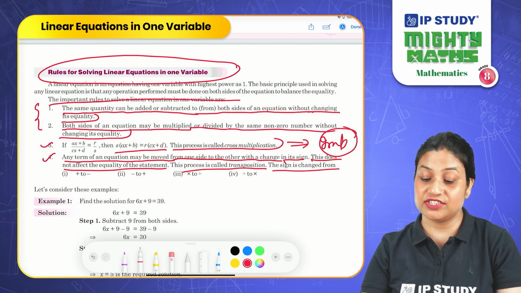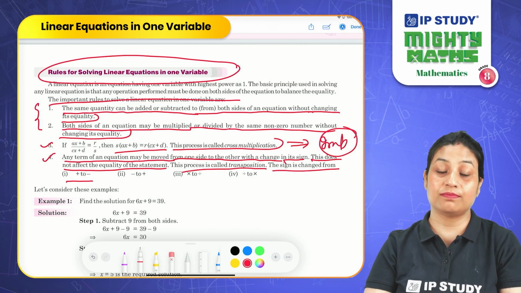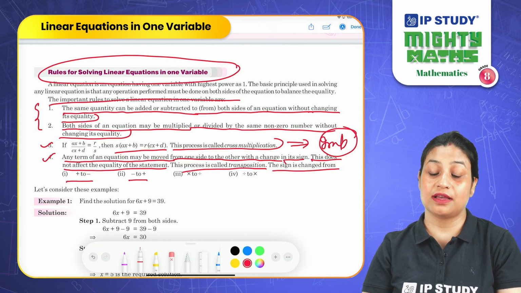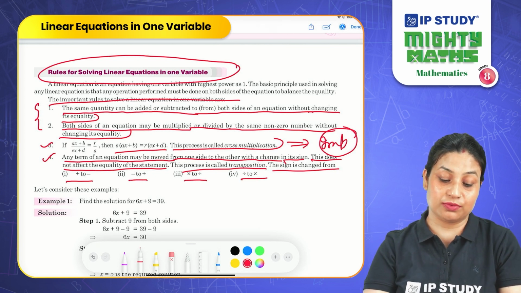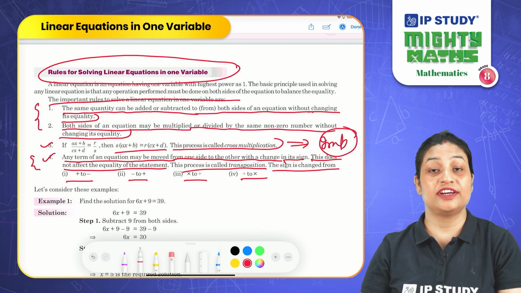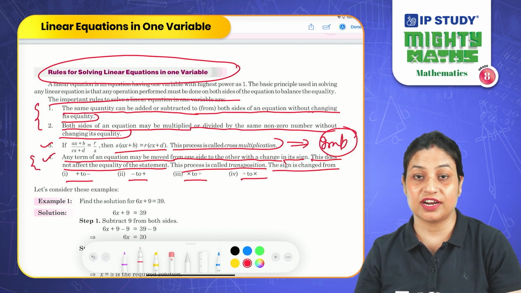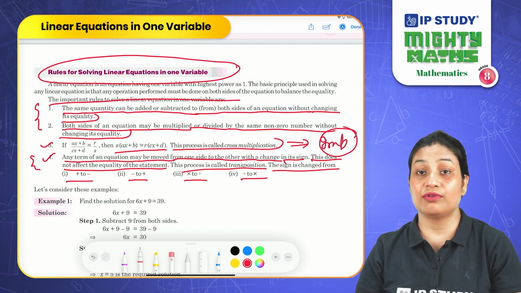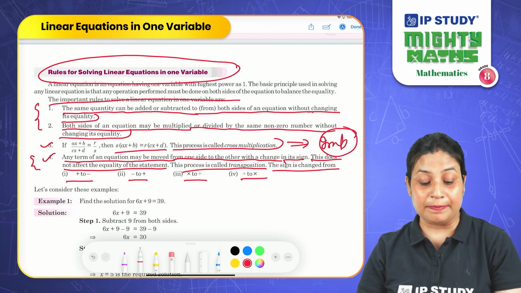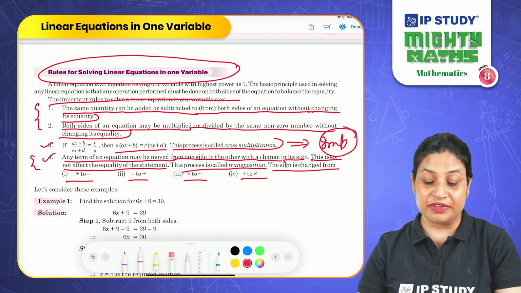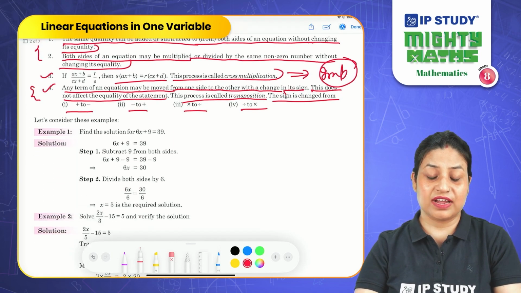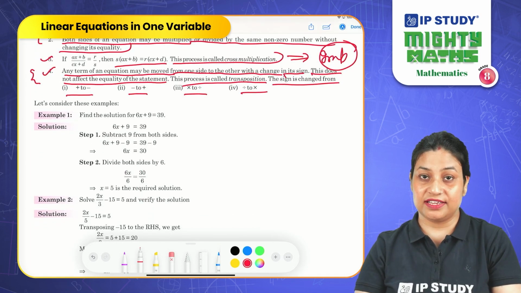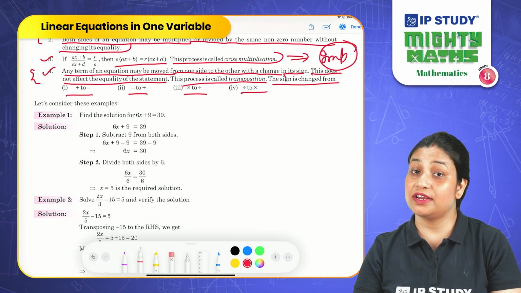The sign is changed from plus to minus, minus to plus, multiply to divide, or divide to multiply. This is something that we have already discussed in grade 7. So there are 3 things out of these 4 rules that we have already discussed in our previous grade, right? We need to apply these rules in order to solve linear equations, right?